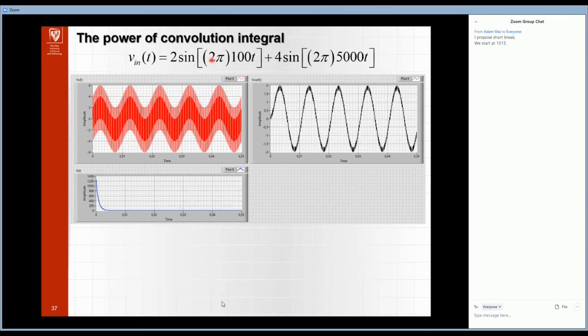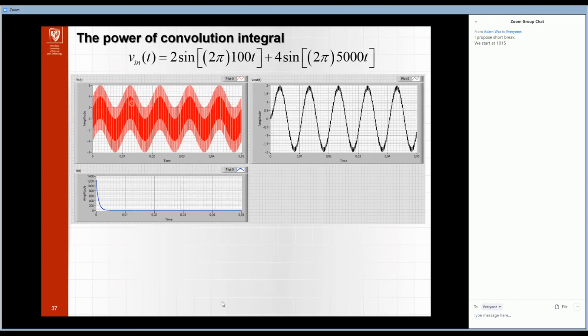The first signal has frequency equal 100 Hertz, and the second 5,000 Hertz, 5 kilohertz. As a result, when you combine two signals, we obtain this slower sinus, and the modulations with this frequency.